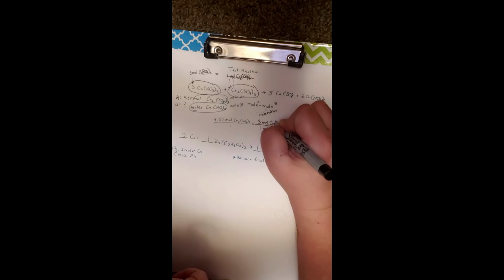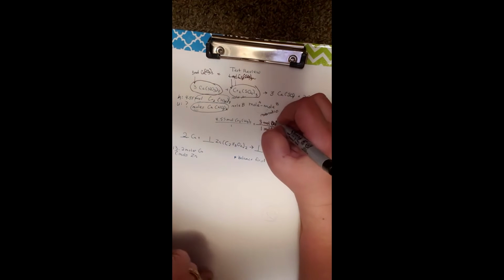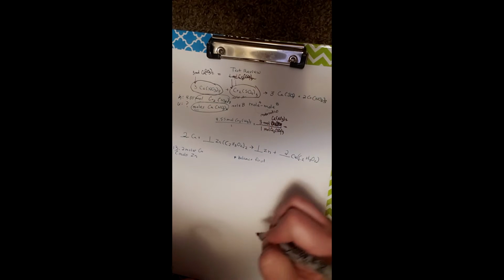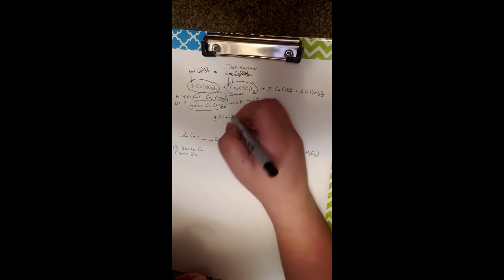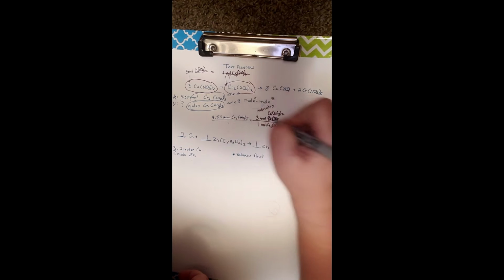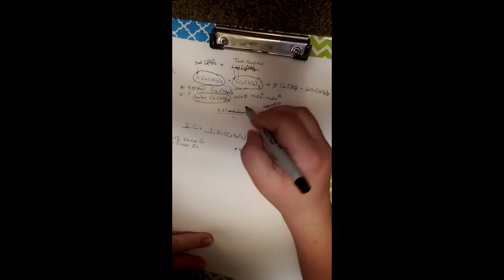Oh, I did that wrong. Yep. Wrong formula right there. It said 3 moles calcium nitrate, not chromium sulfate. There we go. Note, the unit here and here are the same. Diagonally, they are the same, thus they will cancel. Can you guys all see that? Okay.